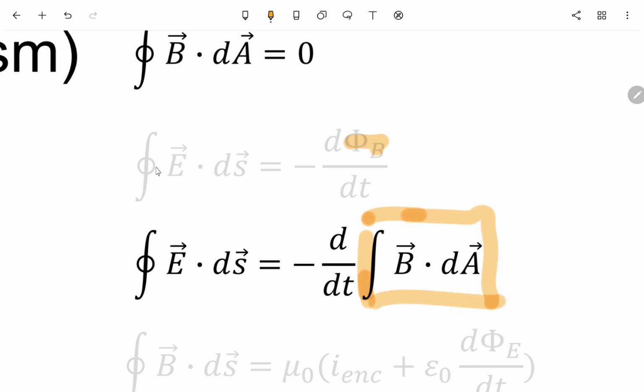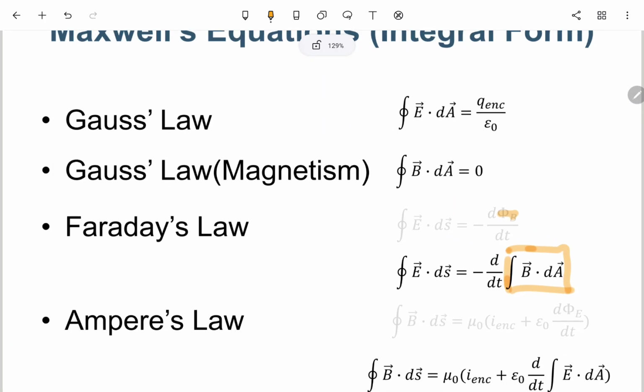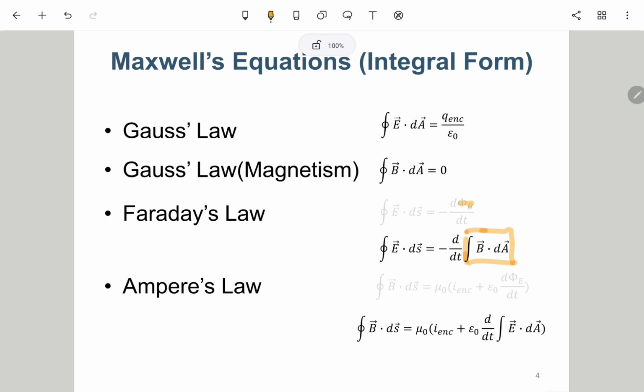This surface is enclosed by this Ampere loop. 就是这个 phi b 所算的面积是被这个 Ampere loop 所包围的这个面积。所以它们是两个相关的积分。虽然它没有把它们的区域表示出来，但是这个面是被这个 loop 所包围的。And similarly for the phi e, we also rewrite it as this surface integral.